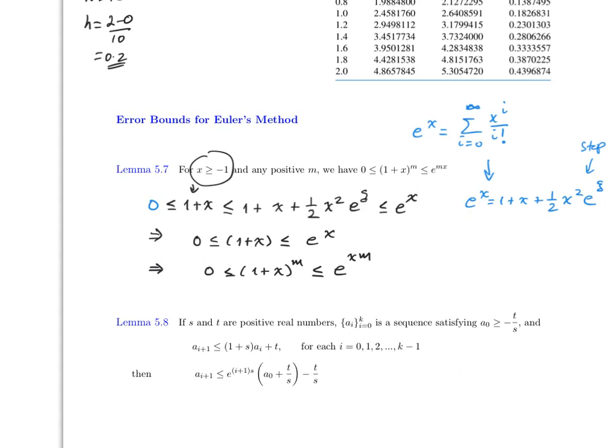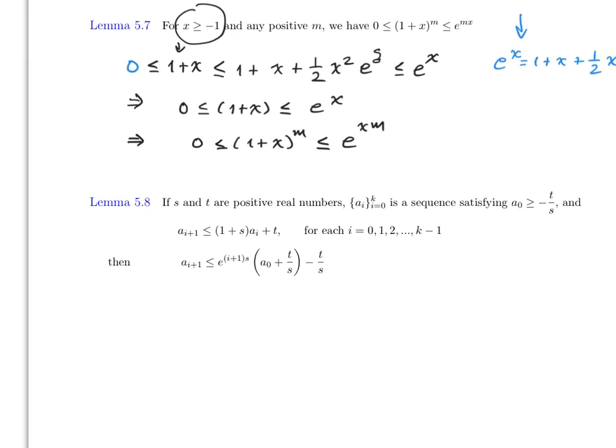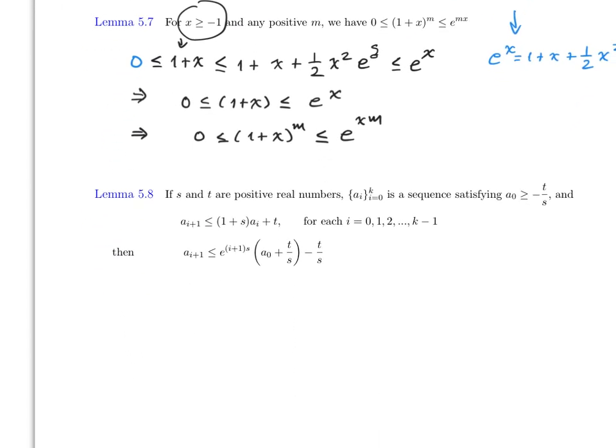Now let's look at the following lemma. It says that if s and t are positive real numbers, and you have a sequence that satisfies a0 is bigger than or equal to minus t over s, and this recurrence is also true for each value of i equals 0 all the way to k minus 1, then that implies that a i plus 1 is less than or equal to e to the i plus 1 s times this quantity minus this quantity.